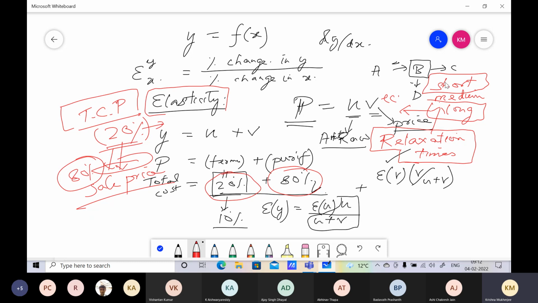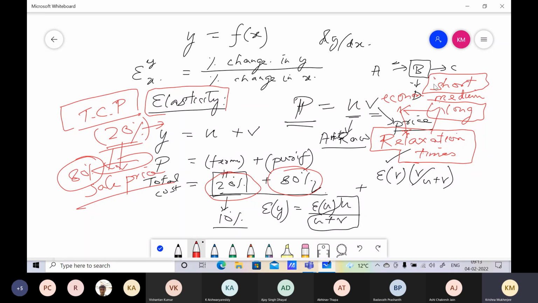So when you're looking at short-range profits, you're looking at innovations in the short term, which actually increase the profits. But for long-run profits, you have to look at how the economic changes are taking place in the whole country. So economy is impacting on long-term profits, but economy has no impact on short-term profits, because the relaxation times of the economy are way larger compared to the innovation timeline.